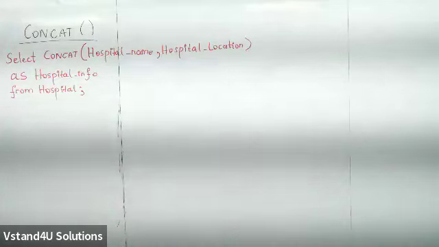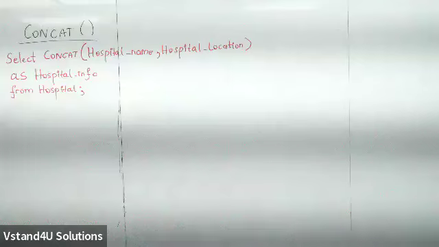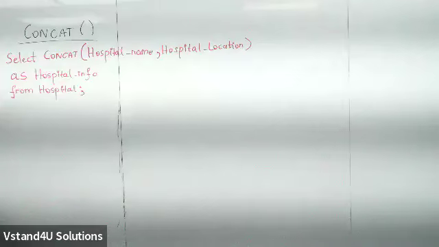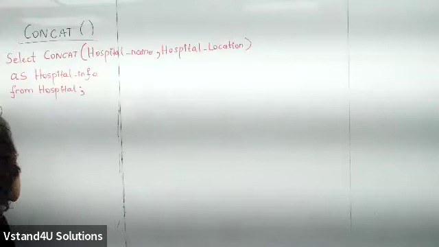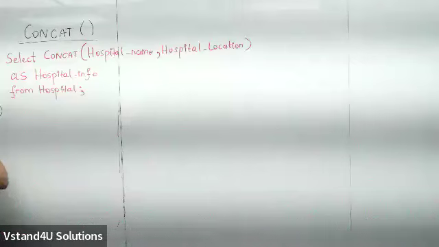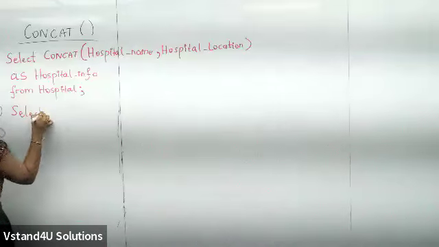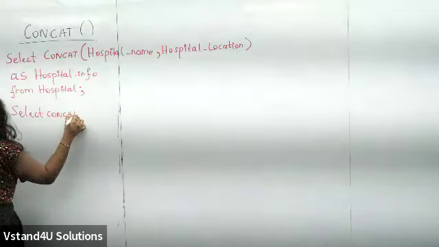So now what are they saying, what do you have to concatenate? You have to concatenate both hospital name and hospital code, but you have to have a hyphen between them. So how will you write the code for this? First of all, they are saying concatenate the hospital code and hospital name. So I have to write select concat, what?